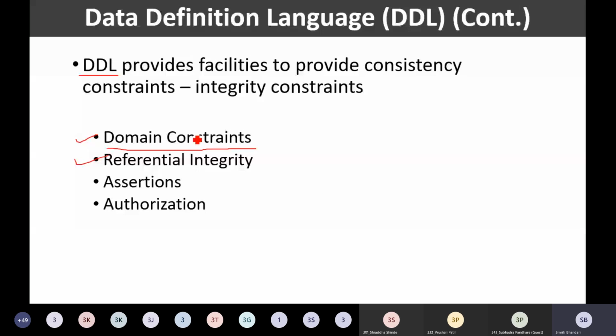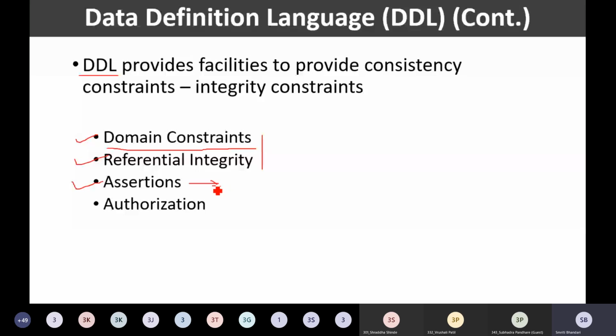Domain constraint and referential integrity constraint are special cases, you may say, of assertions. However, there are many other constraints that cannot be imposed by making use of domain constraint or referential integrity constraint. Such constraints are imposed by making use of assertions.